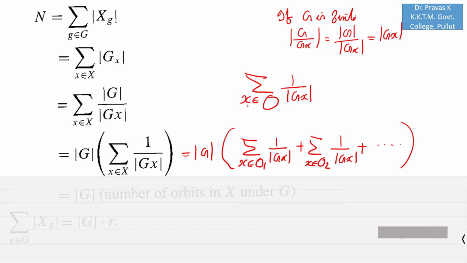Now order of the orbit Gx means it is order of O, so you can rewrite this as summation over x in O of 1 over order of O.